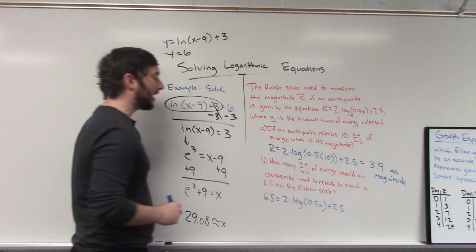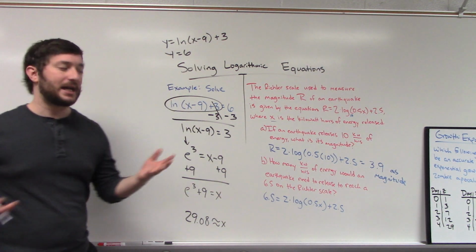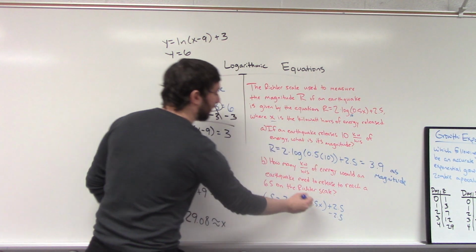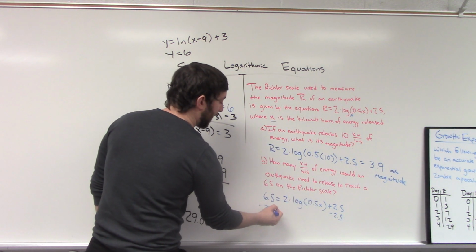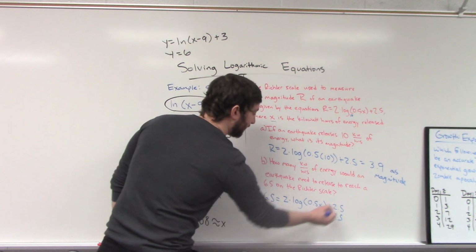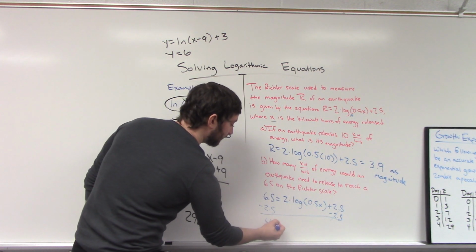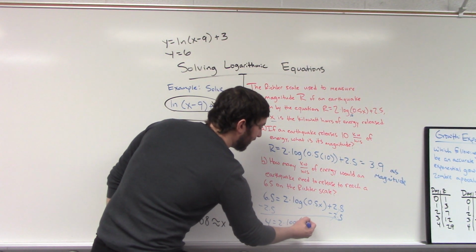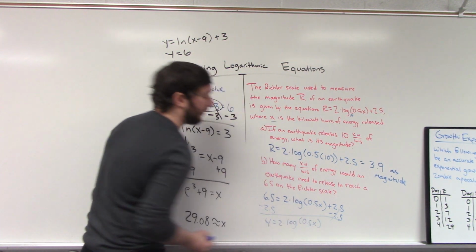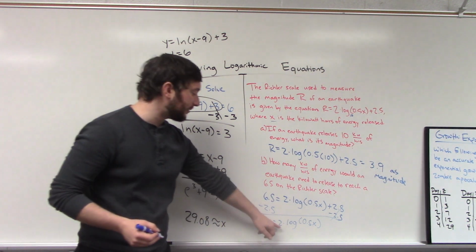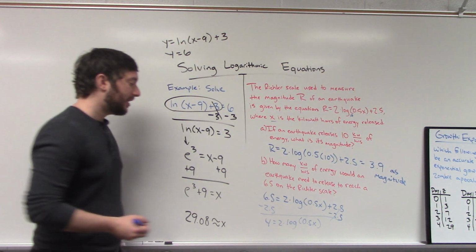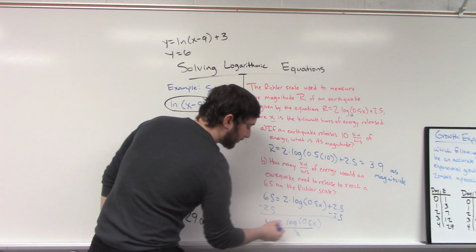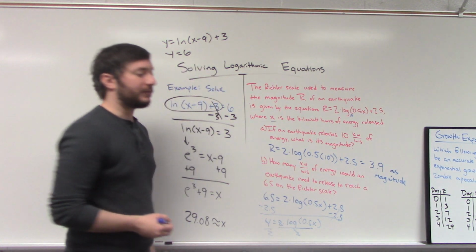So, same process that we've used in the past. Subtract by 2.5, that's not part of your logarithm, right? Isolate your logarithm by itself. And then once again, this 2 that you're multiplying in the front also is not part of your logarithm. So you also need to, opposite operations, divide by 2 on both sides. 4 divided by 2 is 2.